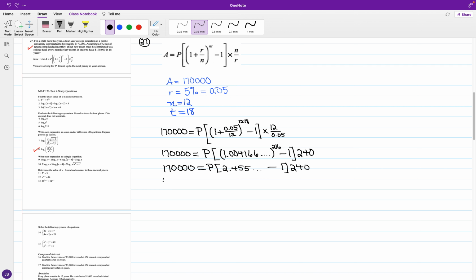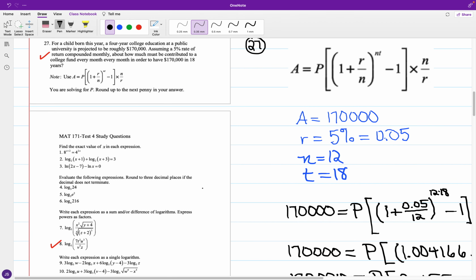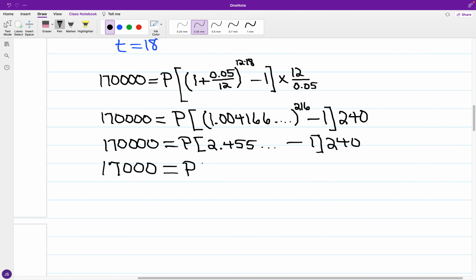Okay, so we have 170,000 is equal to P times, and for what we have in the case of the difference within the brackets, I'm just going to display what I have.